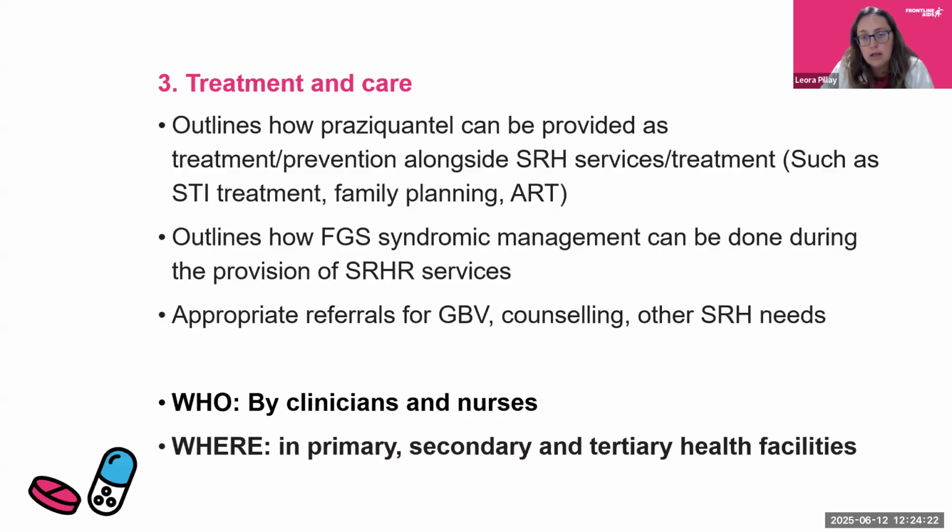And it also outlines how FGS syndromic treatment and syndromic management can be done during this SRHR service provision and integrated into that. Again, the healthcare worker needs to be aware of the possibility of gender-based violence. Women may have experienced gender-based violence because of being repeatedly diagnosed with an STI. They need to be aware that the woman may need counseling, and so referrals need to be available for these.